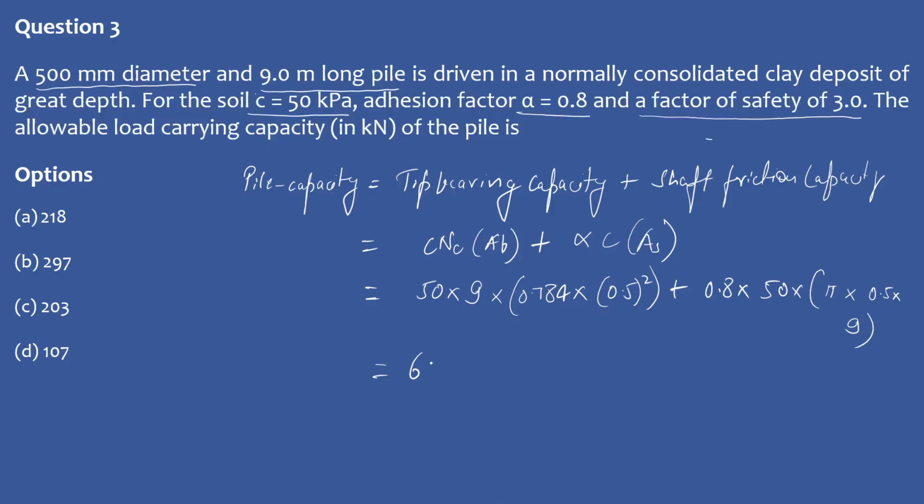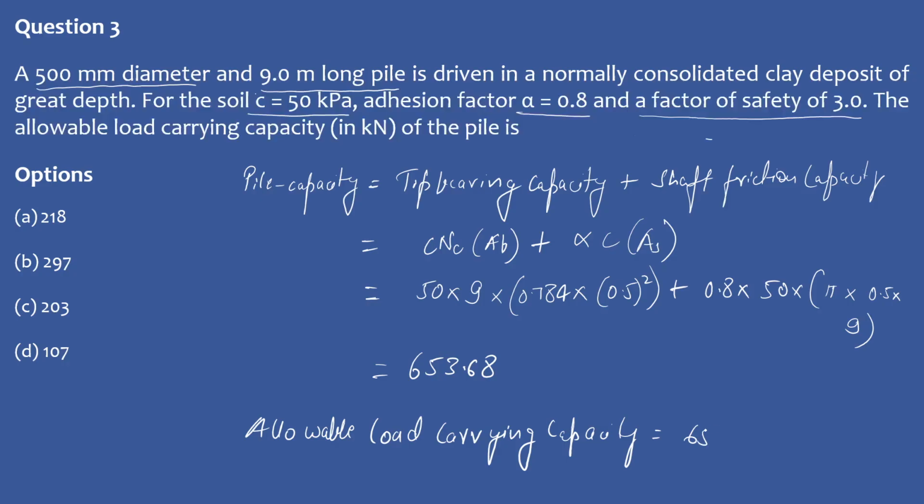For the allowable load carrying capacity, you need to include the factor of safety, so 653.68 divided by 3. It's coming out as 217.89, which is approximately 218 kilonewton. So the correct answer is A, 218 kilonewton.